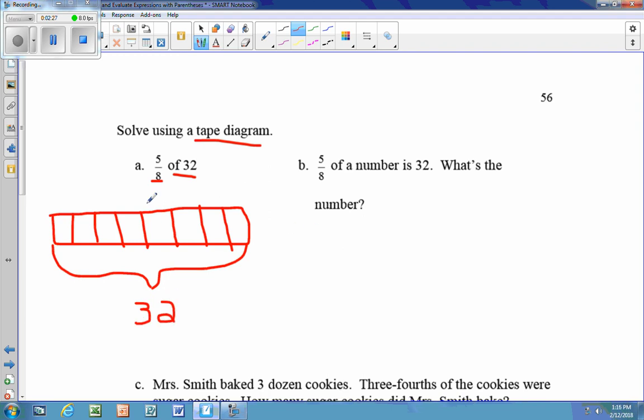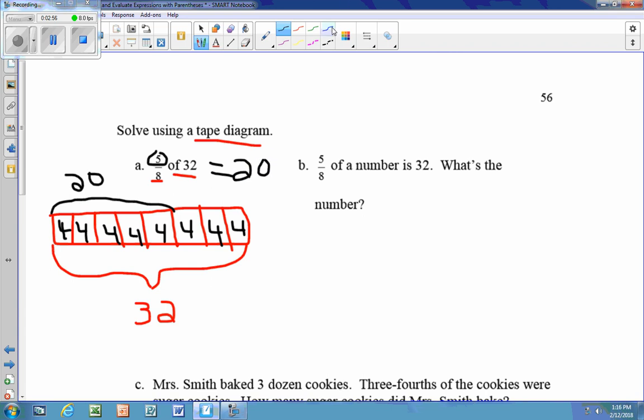There's 8 pieces here, so that tells me that every single piece is 4, because 4 times 8 equals 32. And we want to know about 5 of them, so that would be 1, 2, 3, 4, 5. So 5 times 4 is 20. So the answer to this would be 20, and we used the tape diagram.